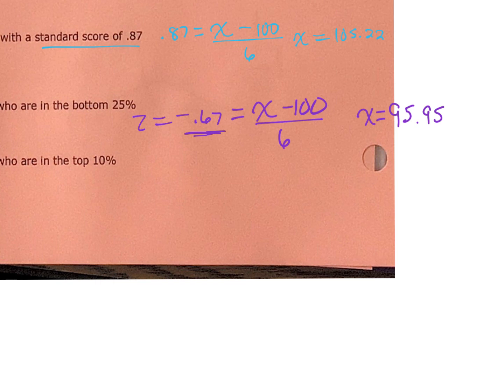I'm not writing out the math, but we would do this math of 6 times negative 0.67 equals x minus 100. And then we're adding 100 to this. So essentially what this is saying is take 100, which is our mean, and we're taking away how much this is to get our actual score. Does that help? Do you see what I mean? Okay.